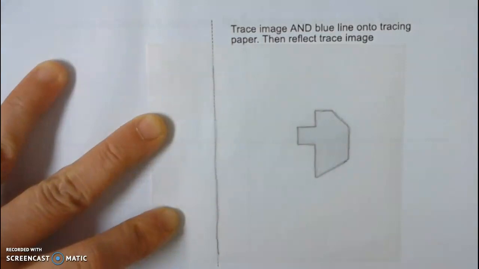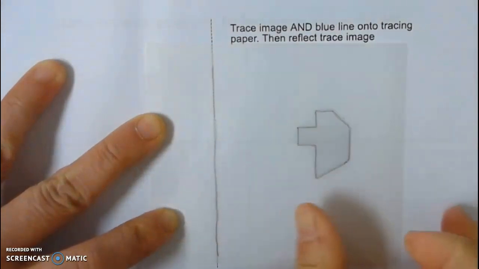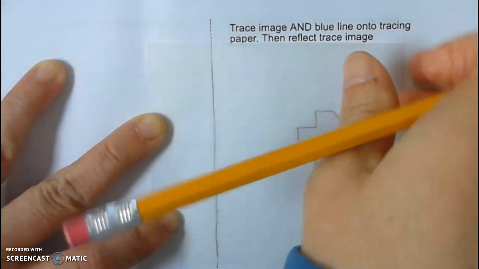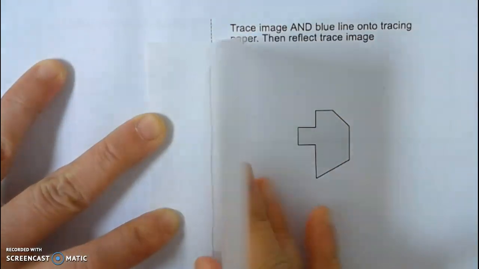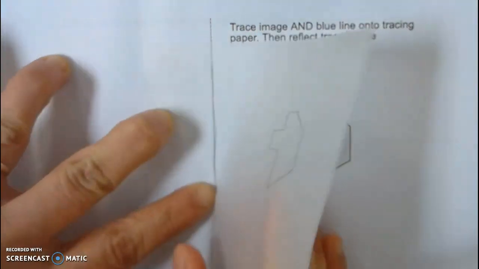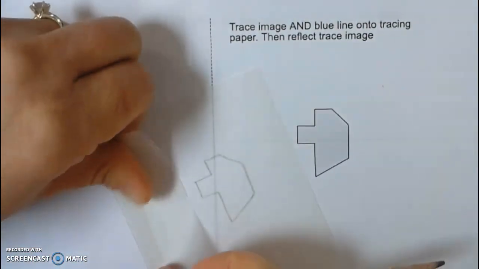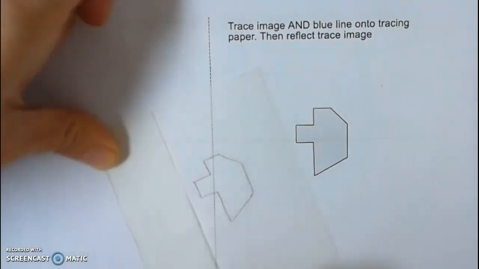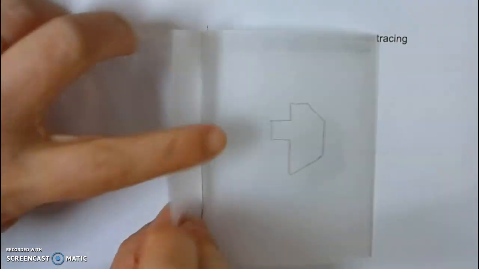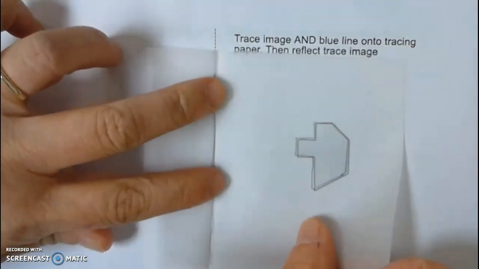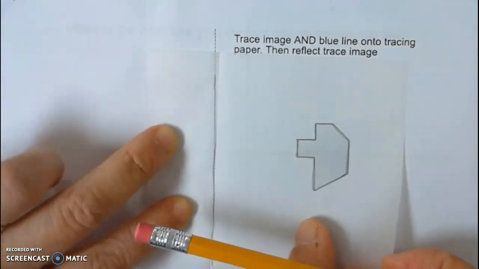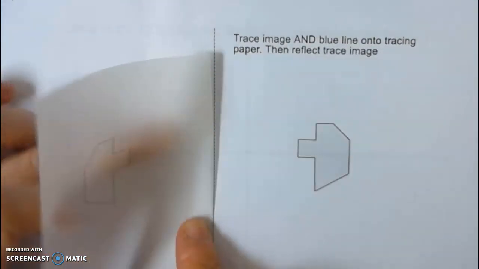Okay, now that you've traced the image, you are going to follow the paper along the blue line of reflection. So I am going to move it for the right bit here. And let me just put that back on top. And then you are going to flip it over.